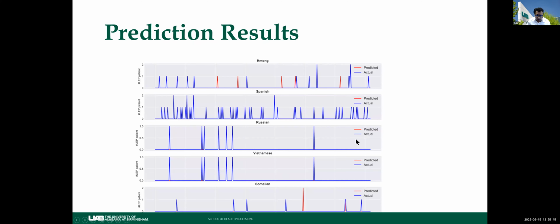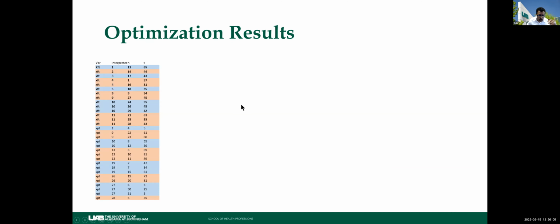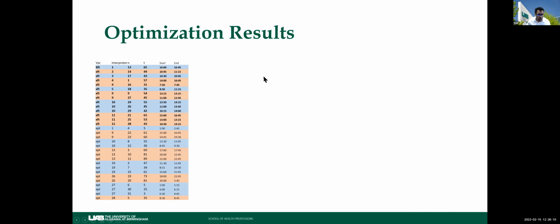And then this is the result of the predictive model. As I mentioned, after we trained the model, we did the prediction. This is the prediction for the emergency patients, and then we combine that with the demand for the inpatient and outpatient, and then we run the optimization model. The ultimate output of the optimization model is this schedule.